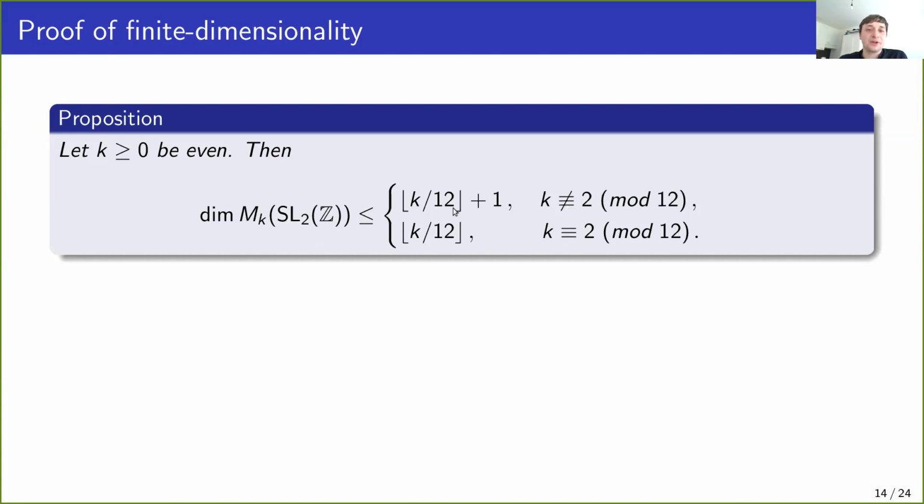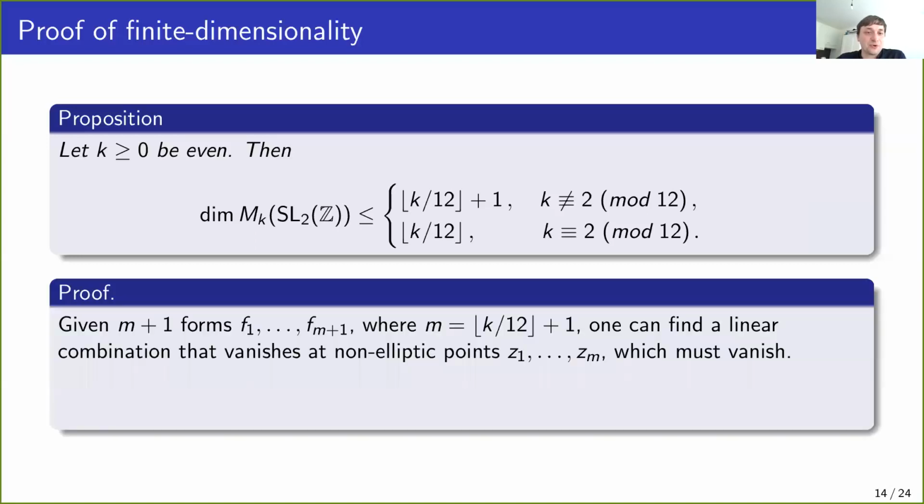We have the condition that the total sum of all orders of zeros of our function is exactly equal to k over 12. In particular, it cannot be more. But on the other hand, if our space has sufficiently large dimension, we can, by linear algebra, enforce vanishing at any number of points. So that would obviously contradict it.